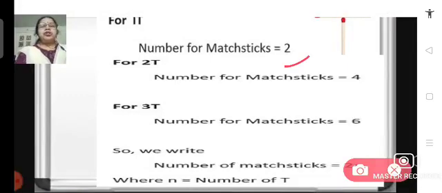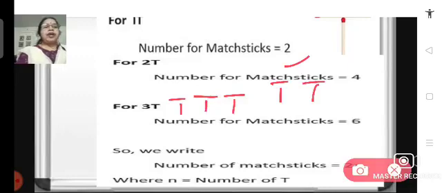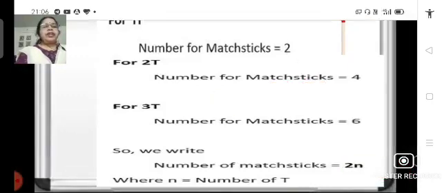And if we want 2 T's, then how many matchsticks will we require? We will require 2 plus 2, 4 matchsticks, isn't it? For 3 T's, that means 1, 2 and 3, number of matchsticks will be 6, isn't it? So, what rule we can write?